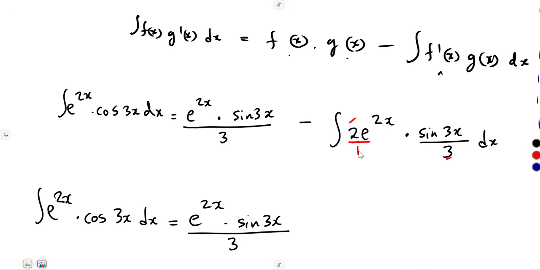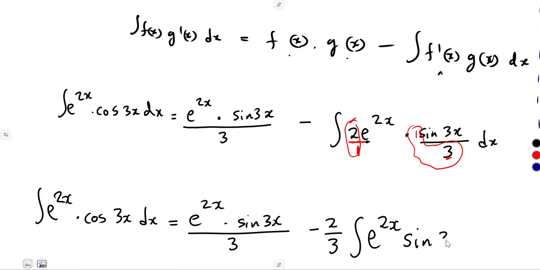So 2 over 1 times 1 over 3, guys. That's 2 over 3. So that's minus 2 over 3 times the integral of this part which is left, e to the exponent of 2x sine of 3x with respect to x.